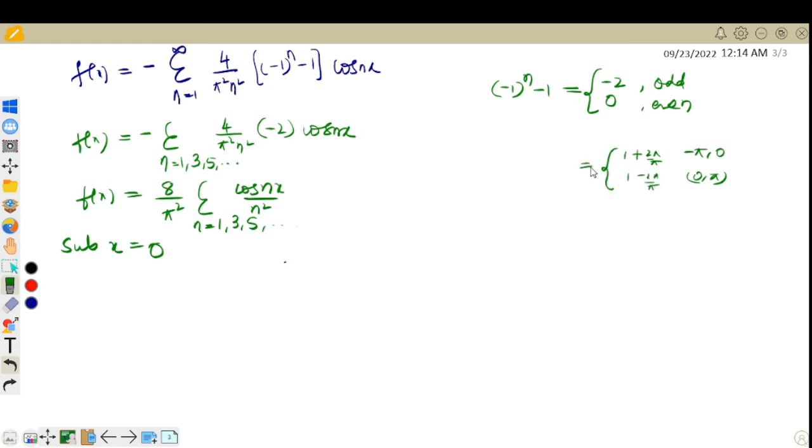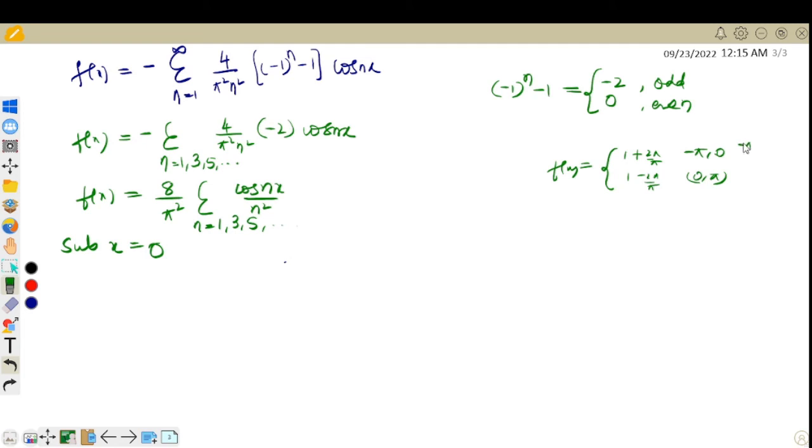Note that one has a less than or equal to symbol and the other has a less than symbol, with x equal to 0. Students, it depends on the symbol, so concentrate.